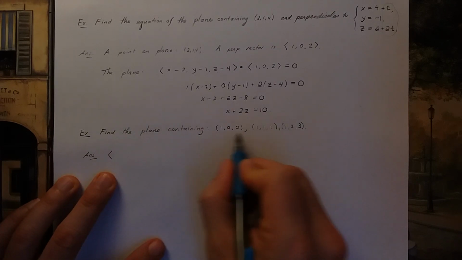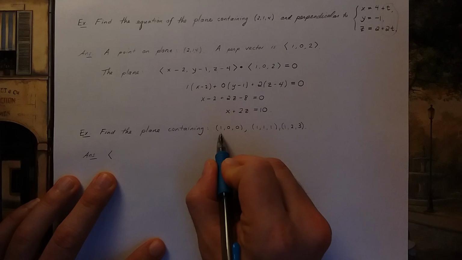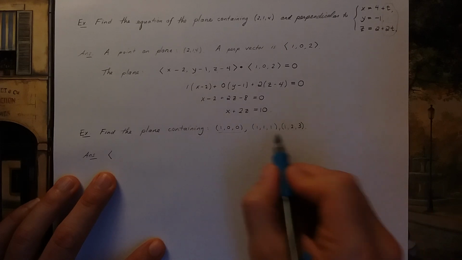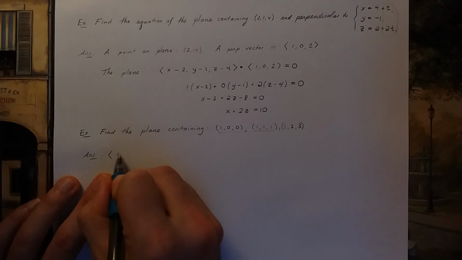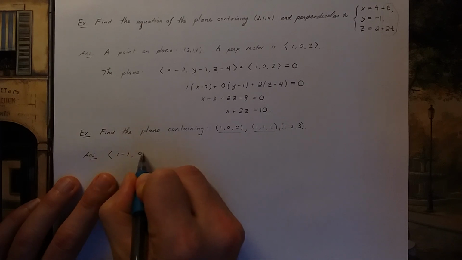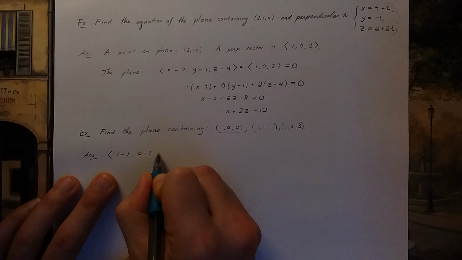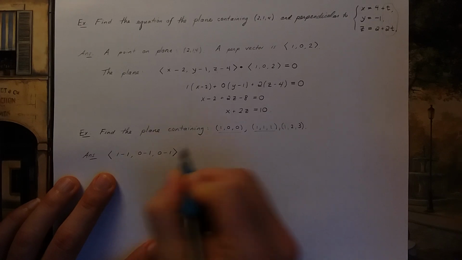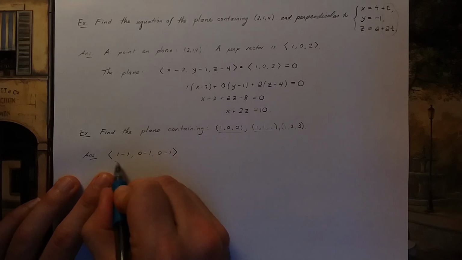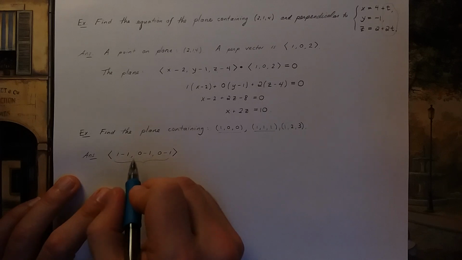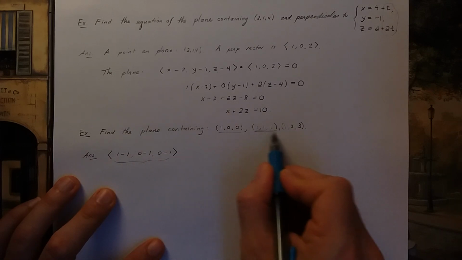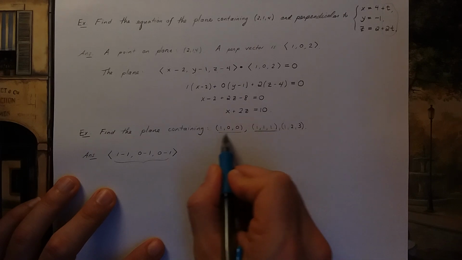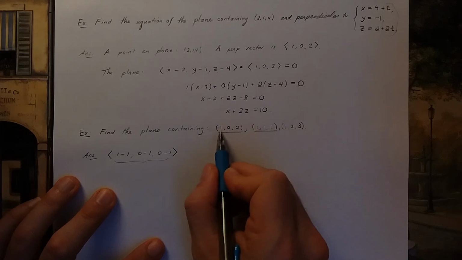I'm going to take the point (1, 0, 0), and I'm going to subtract the point (1, 1, 1). So I'm going to get 1 minus 1, 0 minus 1, and 0 minus 1 again. This is a vector that tells you if you're standing at the point (1, 1, 1), move in the length and direction you would move to land at the point (1, 0, 0).